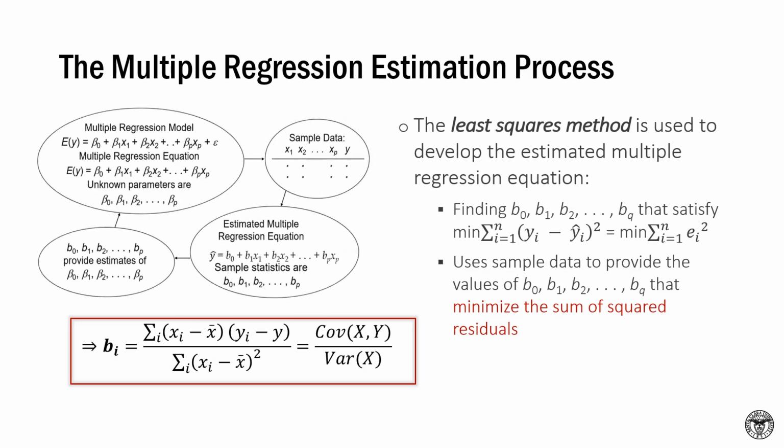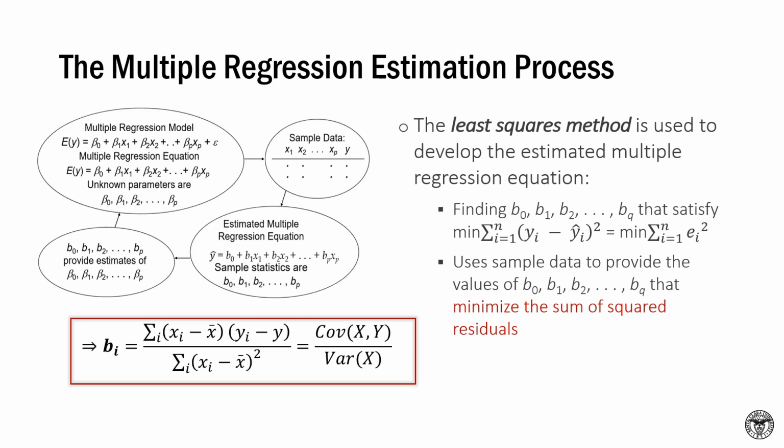In the calculation of the coefficient values, as with simple regression, the least squares method is used to form the estimated multiple regression equation. As a consequence, the coefficient of xi is determined by dividing the covariance of x and y by the variance of x.